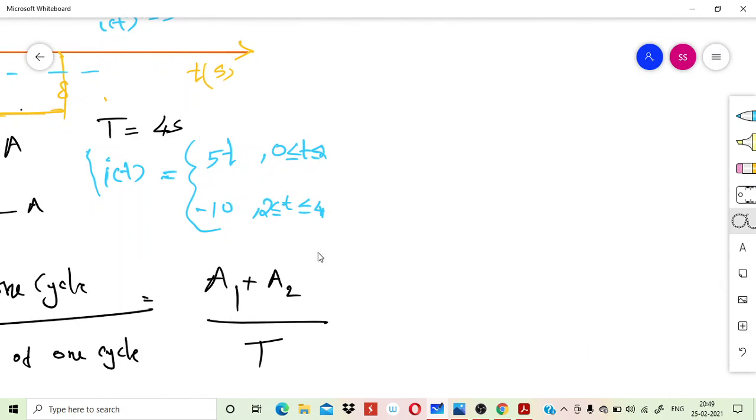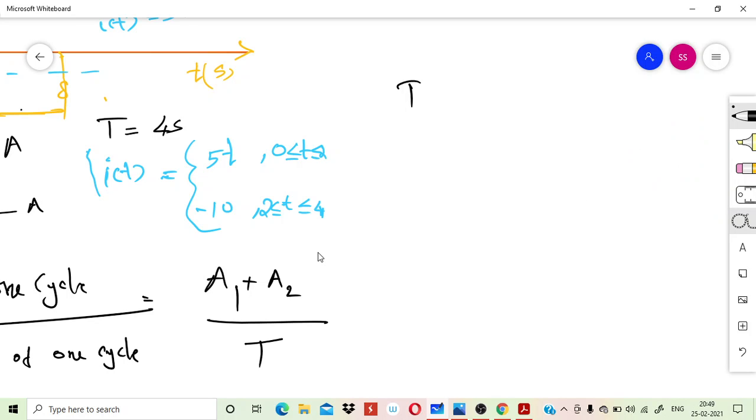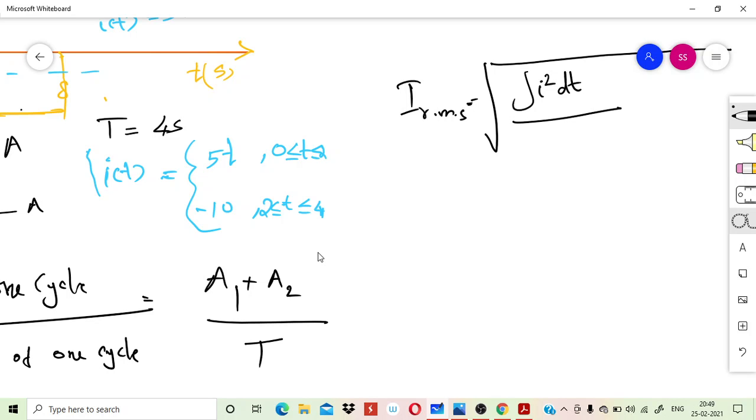The RMS value equals the formula: square root of integral I square dt, divided by the length of one cycle, that is T.